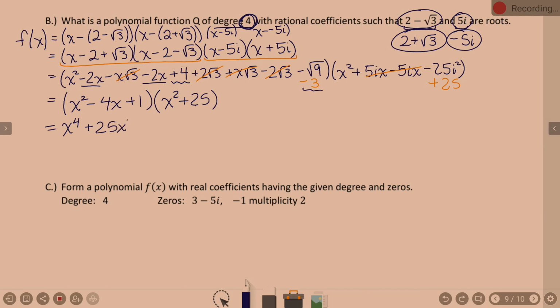Now if I distribute negative 4x, negative 4x times x squared is minus 4x to the 3rd, minus 4x times 25 is minus 100x. And distribute the 1. 1 times x squared is x squared. 1 times 25 is 25. Somehow or another, clean it up, yes?